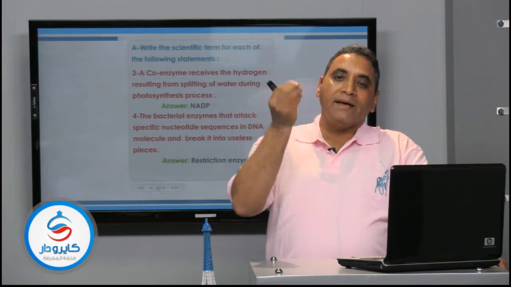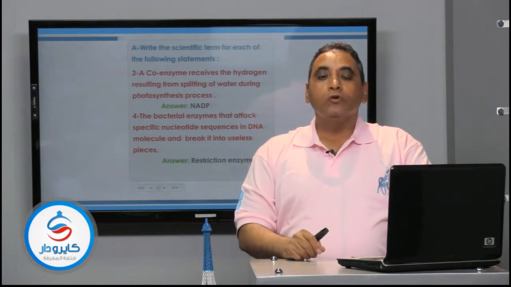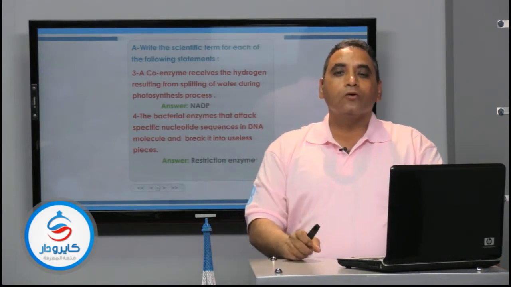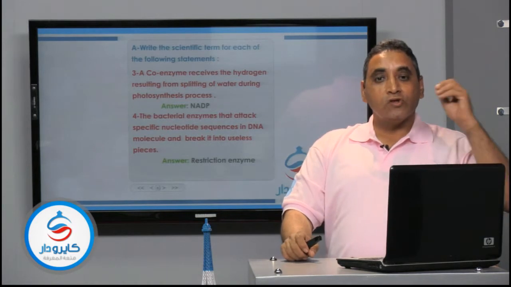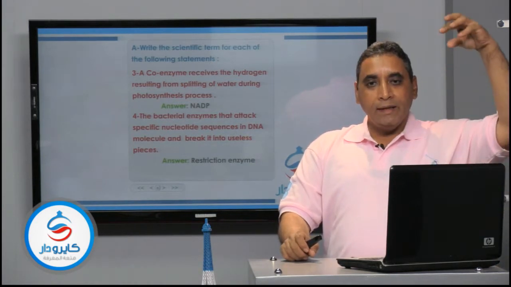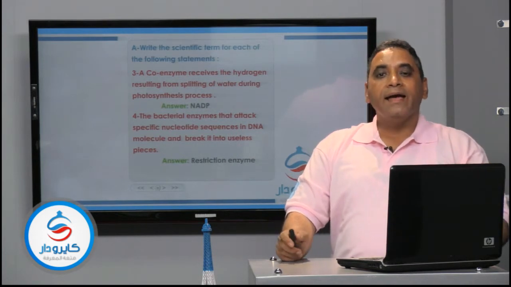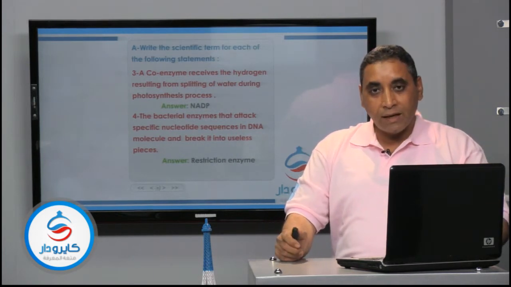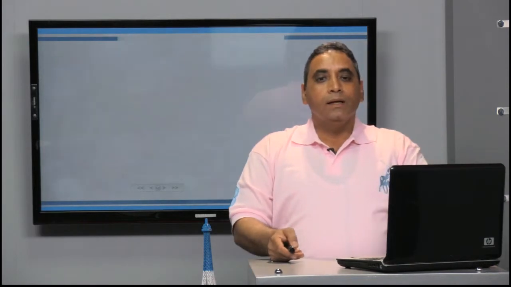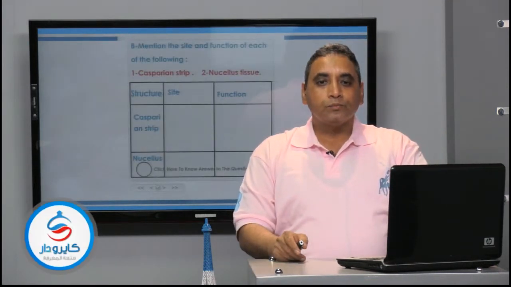Therefore, the bacteria containing the restriction enzyme also contain another kind of enzymes called modification enzymes, which are responsible for putting the methyl group on the recognition site to protect its own DNA against the action of the restriction enzyme inside the cell. The next question.